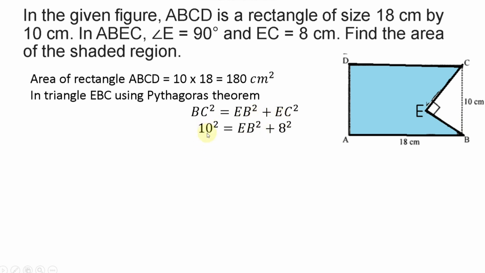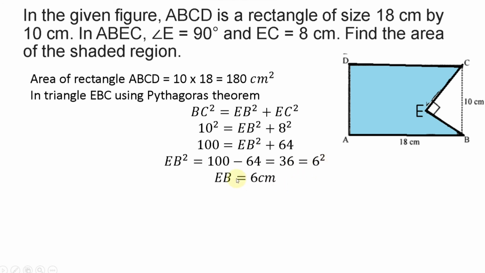Now BC is already given as 10 and EC is given as 8. So from here I can calculate EB square. 10 square is 100, 8 square is 64. Now EB square will be 100 minus 64, that is 36, and the square root of 36 is 6. So EB will be 6 centimeter.